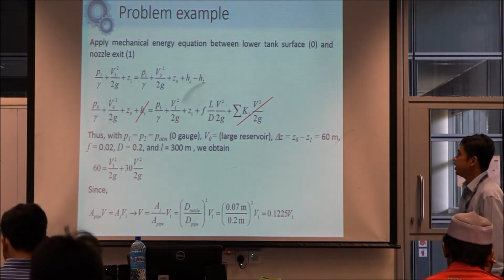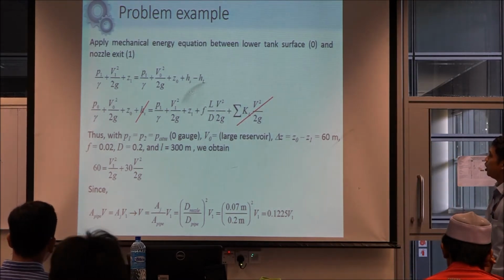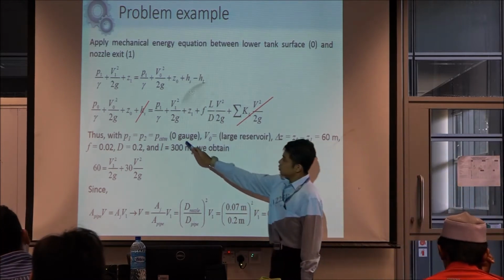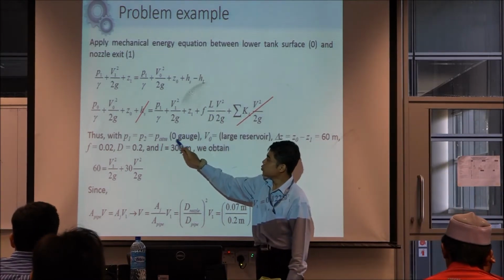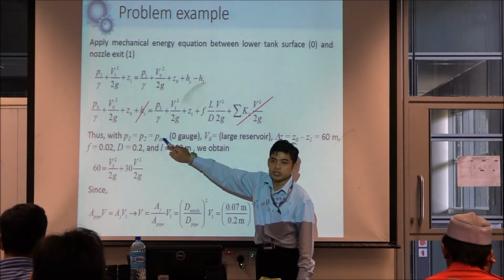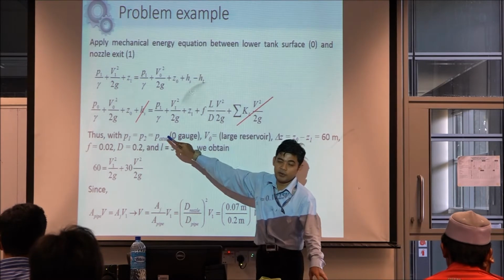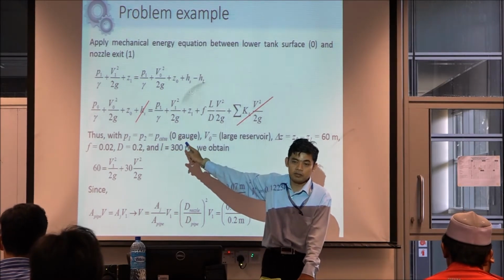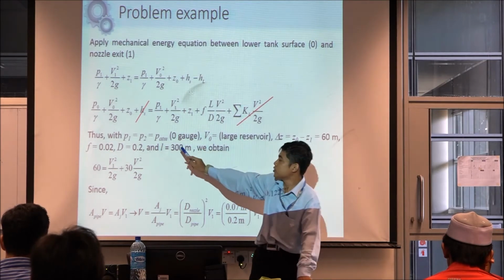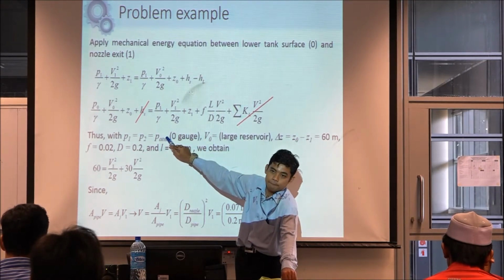If you put 0 and 1, apply the mechanical energy equation between P1 and P2. I put 0 gauge. This one is atmospheric pressure. Why do I always put atmospheric pressure? Because sometimes when I put it 0, you will have a lot of problems when you calculate NPSH. That's why most of the time I put PATM.